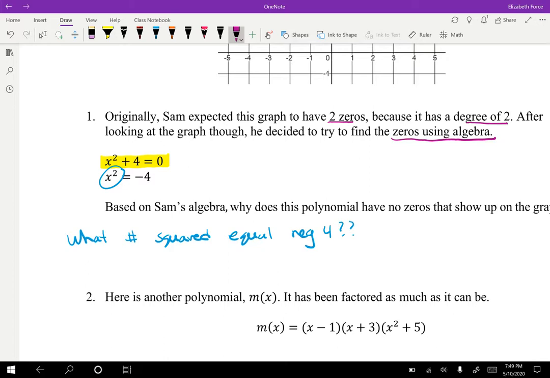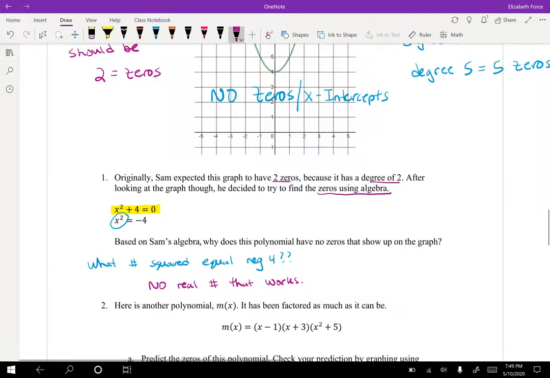We've talked about this in class. There is no real number that works. Because there's no real number that works, you don't see any real zeros. There are no real zeros, because I don't have a number that works in here.